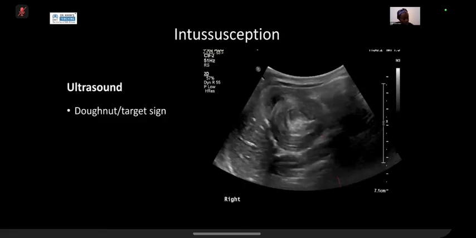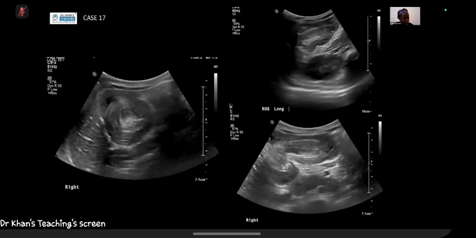Okay, so as candidate 4 correctly spotted, this is an ultrasound with the probe in the right upper quadrant. So this is your liver here. And this is a transverse view. So we've got this rounded hypoechoic and then centrally hyperechoic structure, which is in keeping with our target sign that we see in intussusception, which I'll come on to explain.